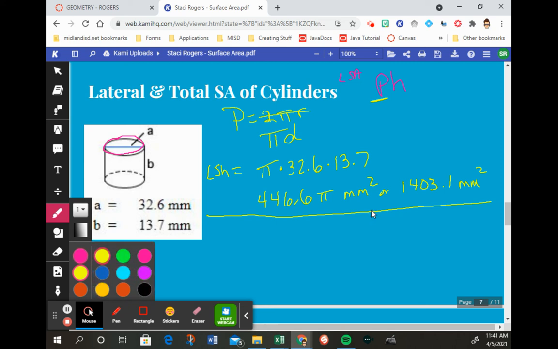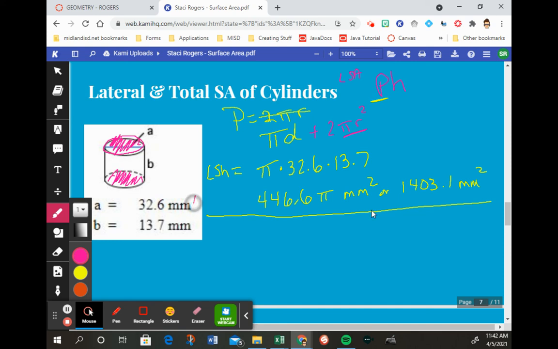Okay, let's go on to the total surface area. We're going to add on 2 pi r squared. We're going to find the area up here and the area down here. We have two of them.